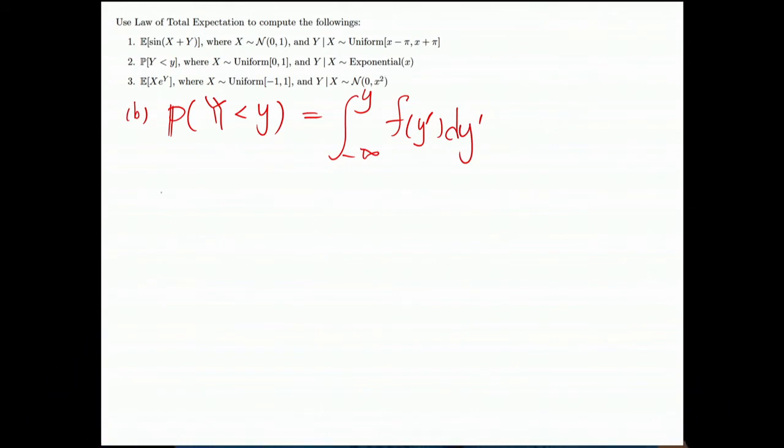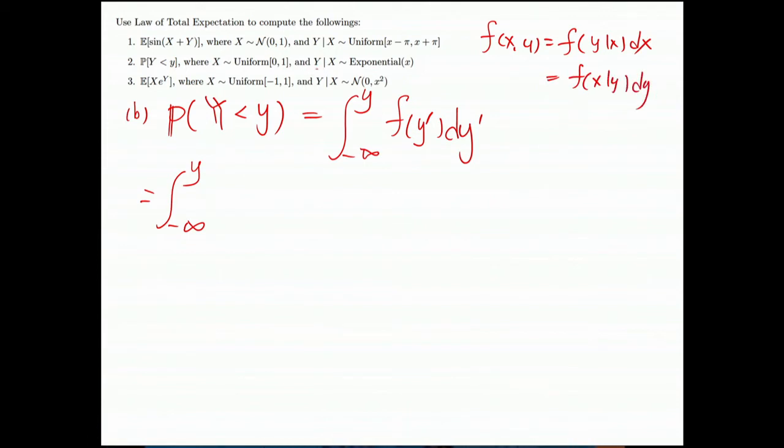So this, from minus infinity to y, I can have, again, we know f xy equals f y given x times f x dx, or f x given y times f y dy. And now we have y given x, this is given, so we will choose this.